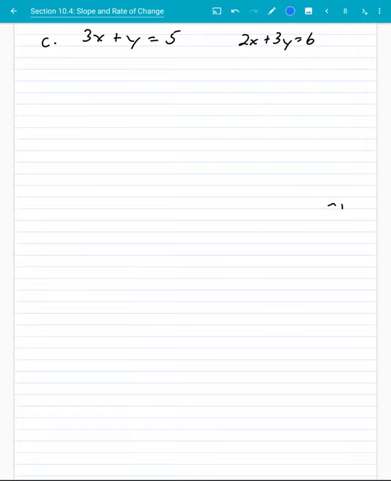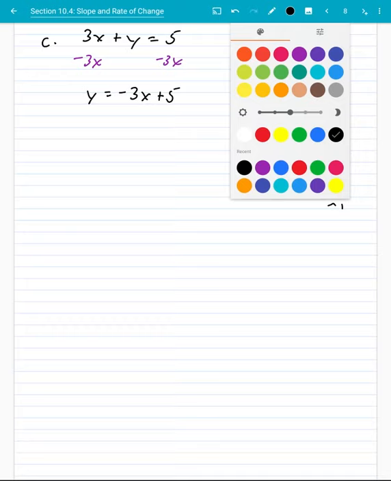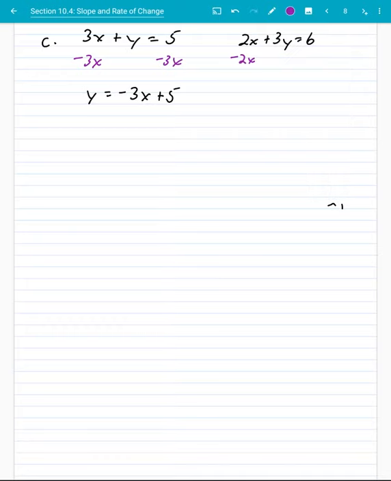The first one, got to get rid of 3x. Going to subtract 3x on both sides. And that gives us y equals negative 3x plus 5. Then the other one, we have to subtract 2x on both sides first.